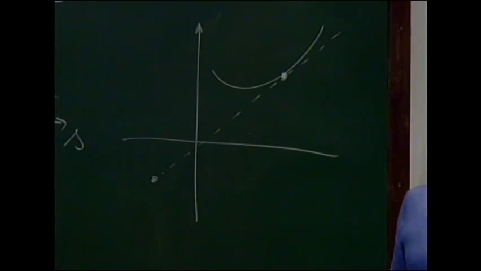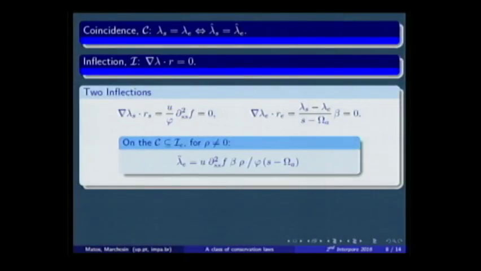And here, the second derivative of lambda E depends on the second derivative of f, but it's multiplied by two functions, beta and rho, and also divided by this.